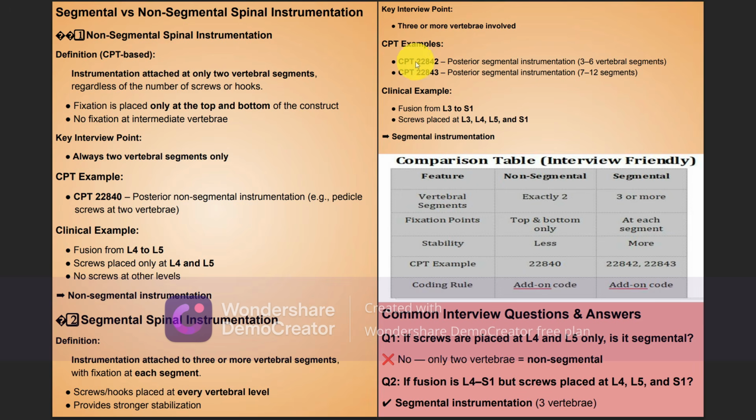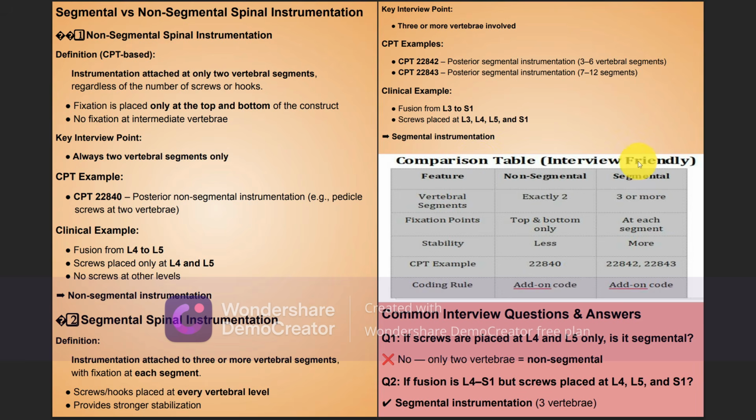Example: CPT 22842, posterior segmental instrumentation, 3 to 6 vertebral segments. CPT 22843, posterior segmental instrumentation, 7 to 12 segments. Clinical example: fusion from L3 to S1, screws placed at L3, L4, L5 and S1. So in this way segmental instrumentation is reported.